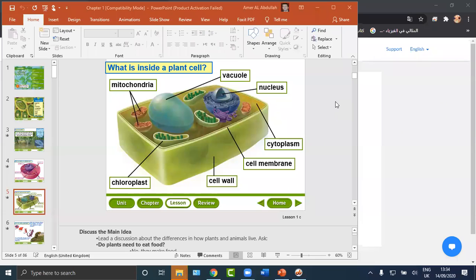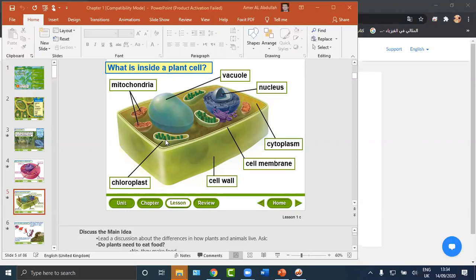Now, what about chloroplast? Chloroplast is a green structure. Look here, look at the figures. Chloroplasts are green. What is the reason? Because they contain a chemical called chlorophyll.